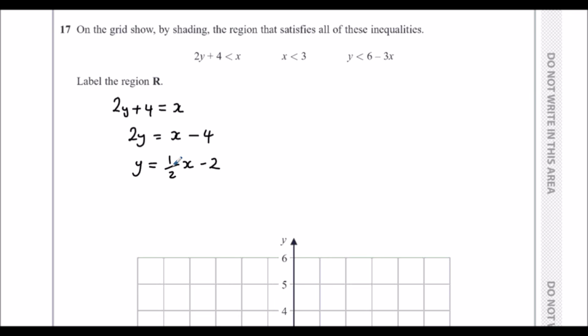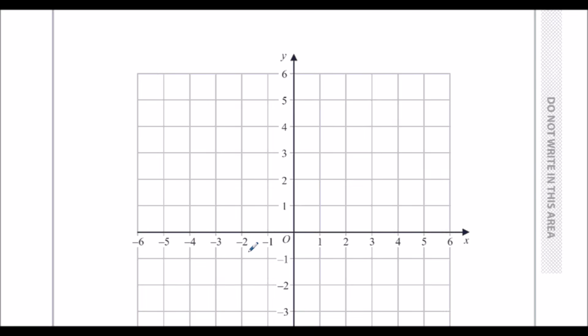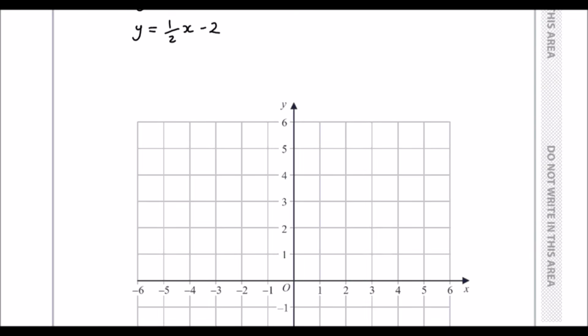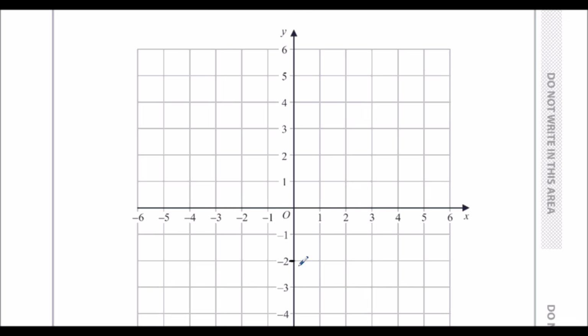So we've got a gradient of a half, and its y-intercept is at -2. So for every 1 it goes across, it goes up half. Across 1, up half, across 1, up half, and so on.